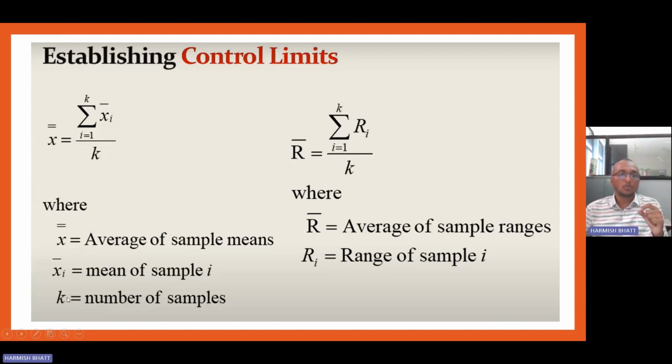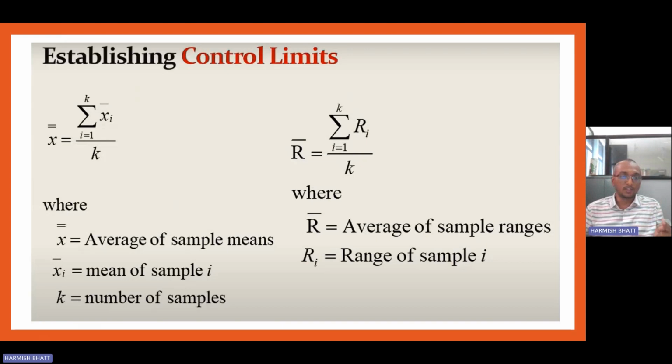Okay, so for the first sample, suppose n quantities are taken and n measurements are made. We are going to measure one value for each piece of sample 1. So we will have n different values of that particular parameter for all items of lot 1 or sample 1 or k1. Then after, the mean will be taken of it.